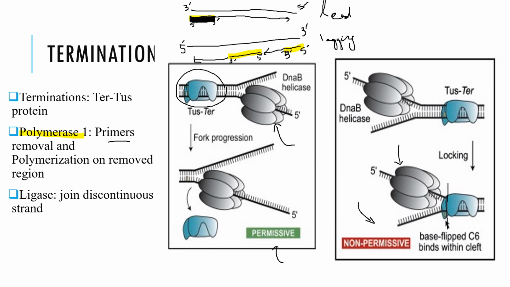As you know, prokaryotes have 5 different types of polymerases, 1, 2, 3, 4, 5. So now DNA polymerase 1 performs two functions. The first function is the primer removal, and the other function is the polymerization on the removed region.